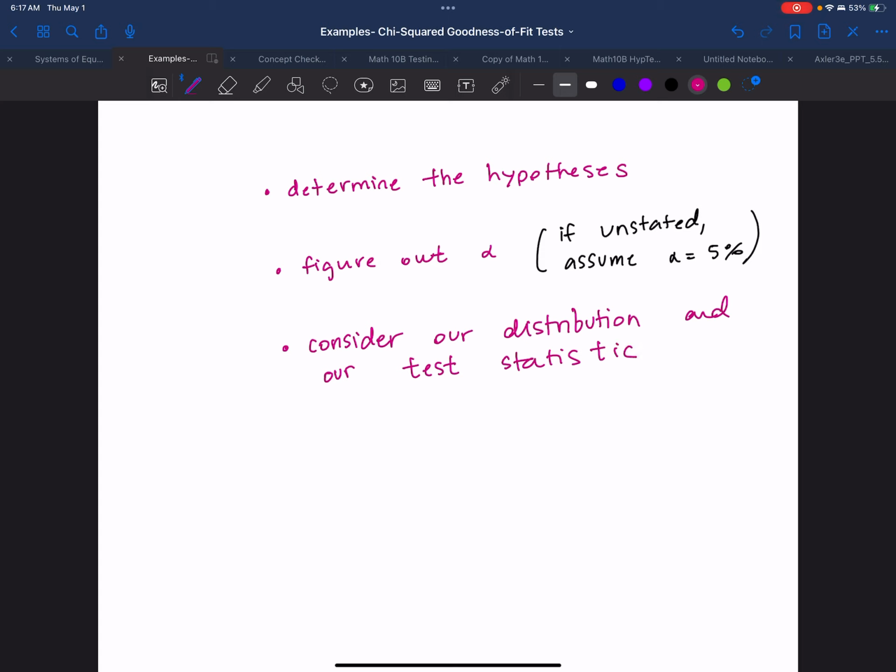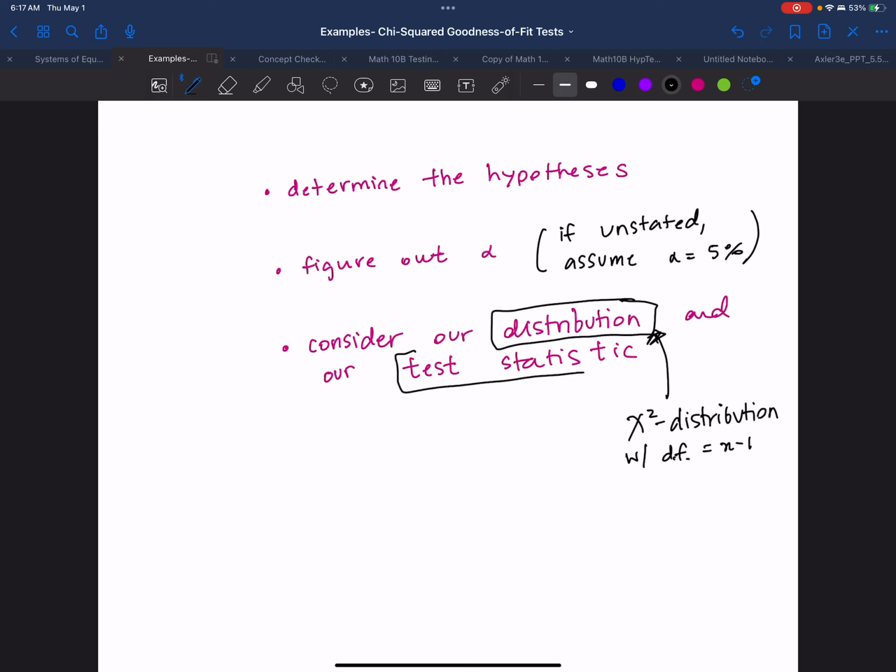In this case, we have a chi-square distribution, and the key is the degrees of freedom should be the number of categories minus 1.